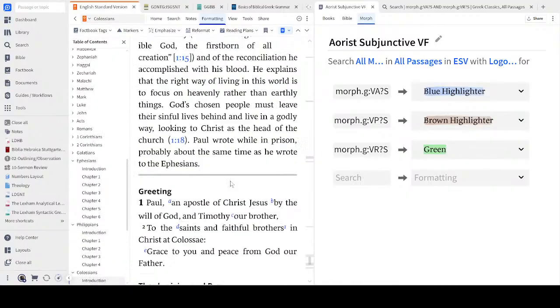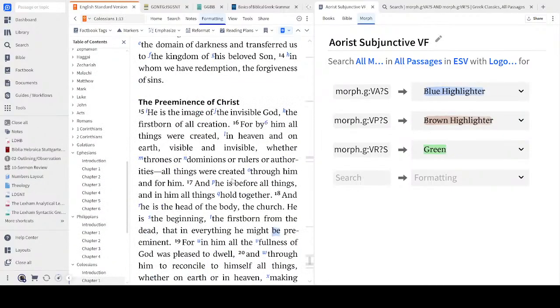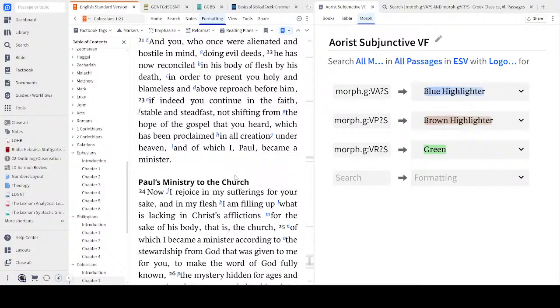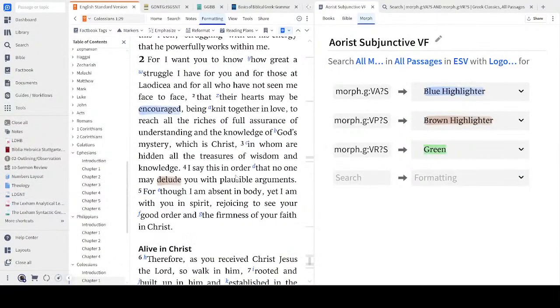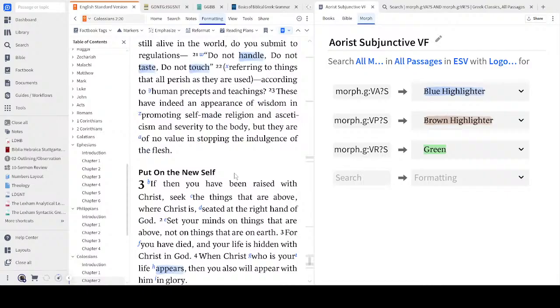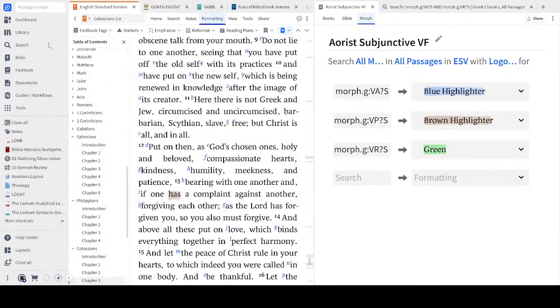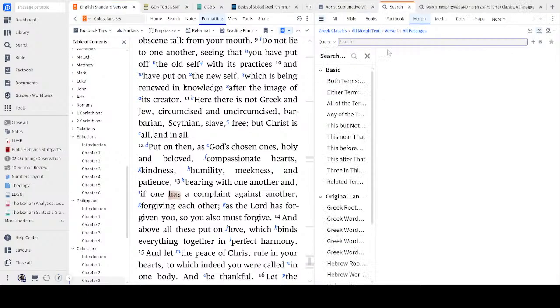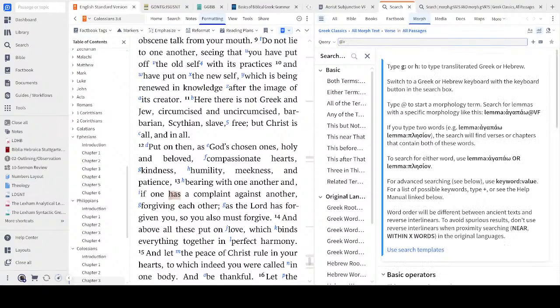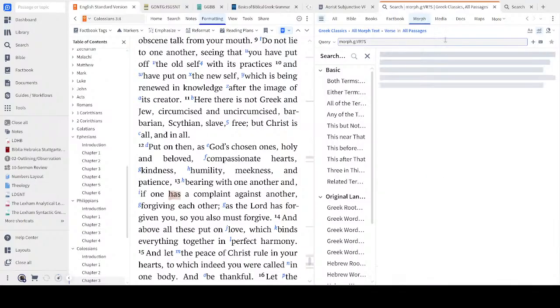Right now I'm just searching for some places where it might have the perfect in the subjunctive. We have subjunctive and we have perfect, and I'm going to do a search where it might show up.